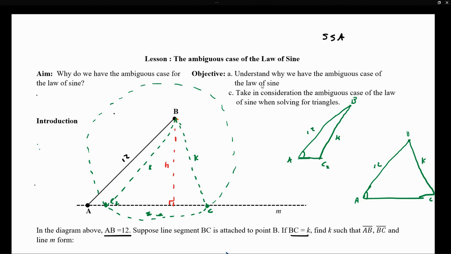And this is the reason why, because it's obvious that these two triangles are not congruent, even though they have the same condition, same angle A, same length of 12, and same length of k. Two different triangles, it is just not true that these two triangles are congruent to each other.